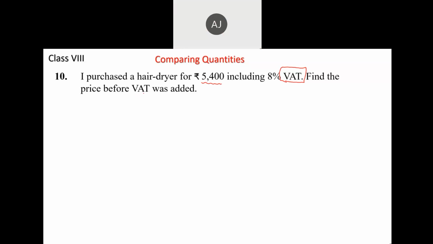So because 8% is added, we can take the mark price as 100% and add 8%. We can solve by putting 108 by 100 multiplied by x equal to 5,400, and we can find the value of x, where x is the percent of VAT added.